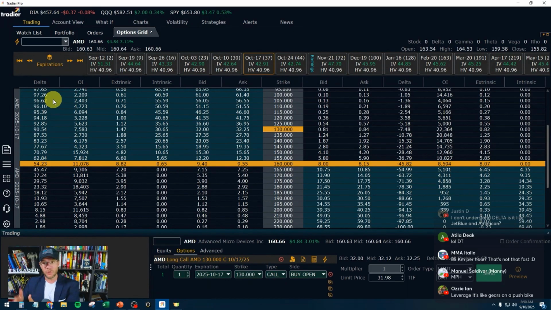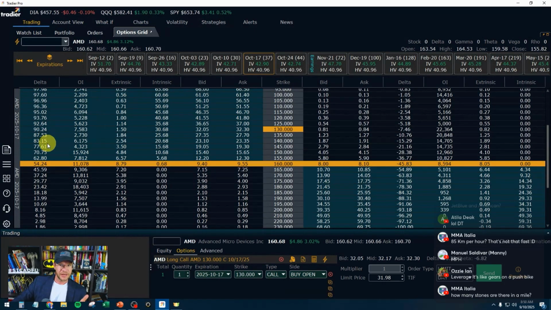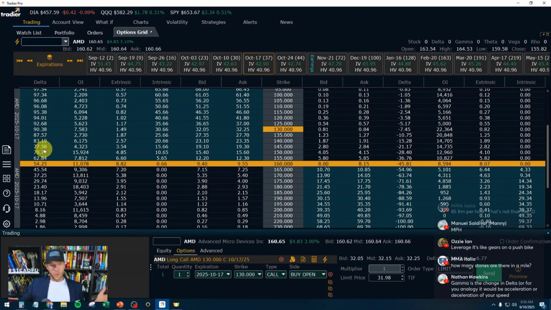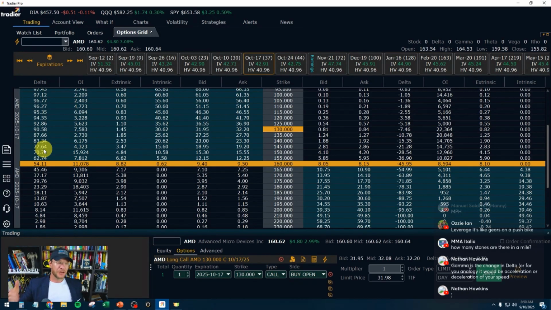The deeper it goes in the money, the more it helps you. But let's say that's a losing trade. The further it goes towards at the money, the less the deltas are hurting you. What? How cool is that? So the deeper you go in the money, the more money you're making. If it goes against you and you're losing money, it actually slows down on how much you're losing.